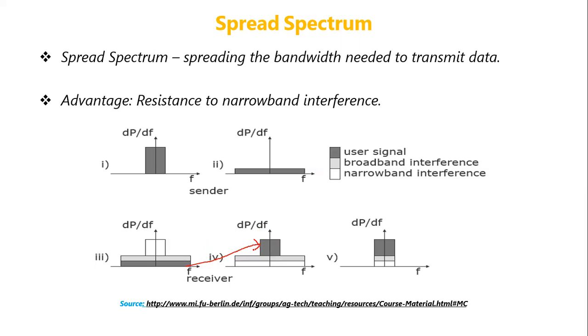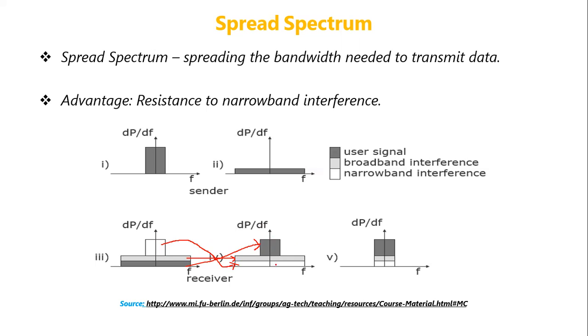But the received signal also has broadband interference. The receiver will not do anything to that; it will keep it as it is. Similarly, the received signal also has narrowband interference. That narrowband interference, the receiver will convert to a broadband interference. So this is what the receiver will do initially at its end.